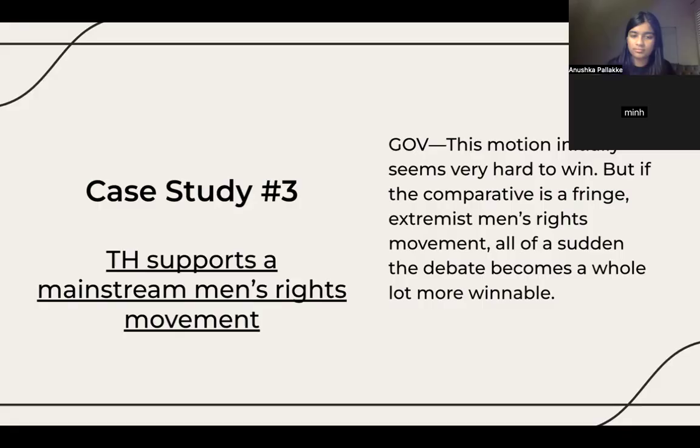So, Gov could argue that a mainstream men's rights movement is one that many people know about. And so arguably, if many people know about it, then at least people are aware and they can educate each other about why that might not be necessary, or just raise awareness for the lives and struggles that certain men in society might face.